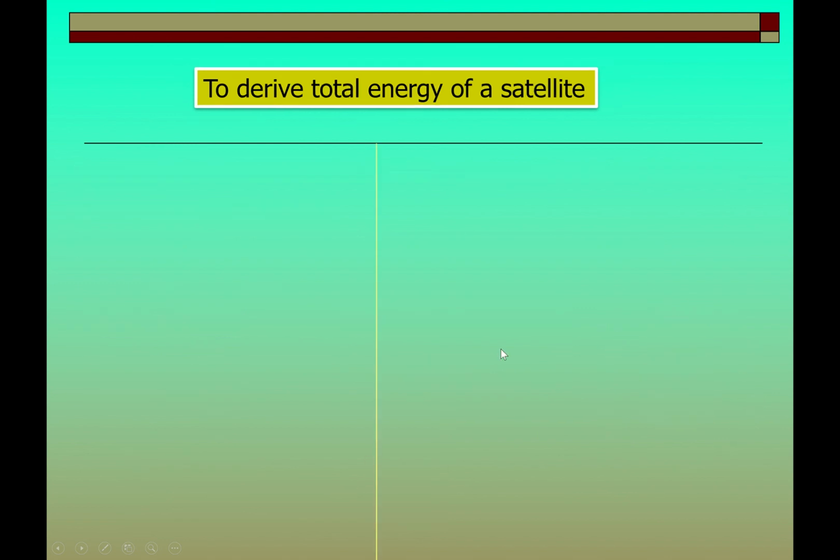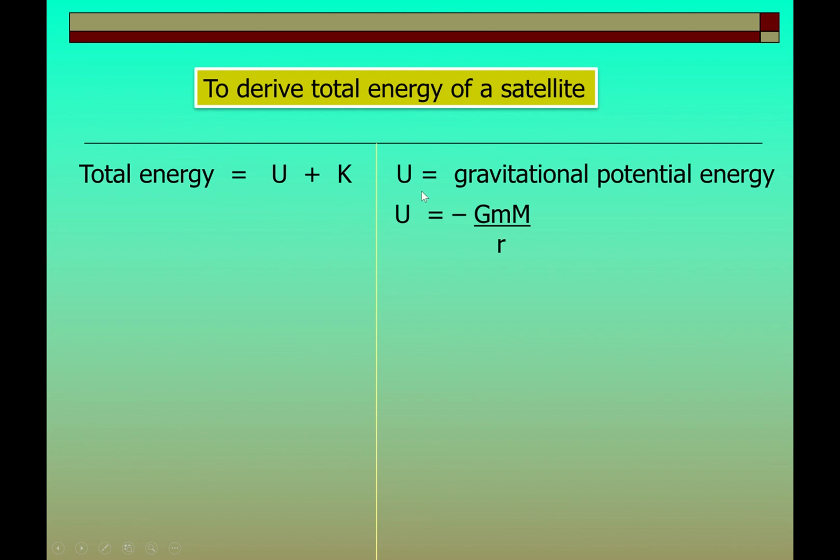Okay, so we have done the kinetic energy and gravitational potential energy. So we are going to derive the total energy of a satellite. The total energy of the satellite equals the gravitational potential energy plus the kinetic energy. From the previous slide, we get U equals negative GMm per r, and the kinetic energy K equals GMm per 2r.